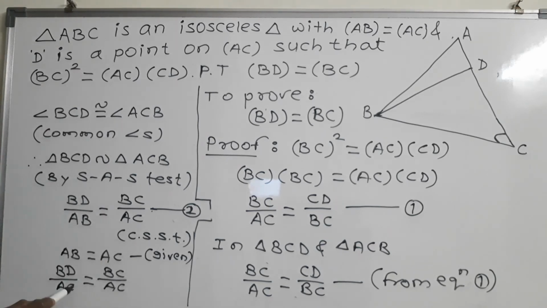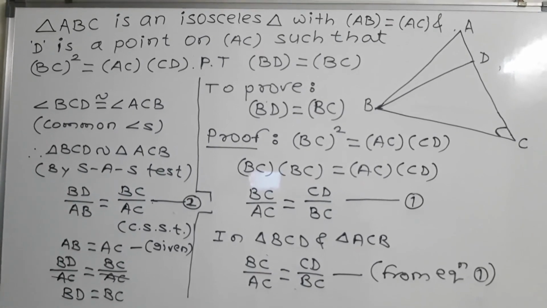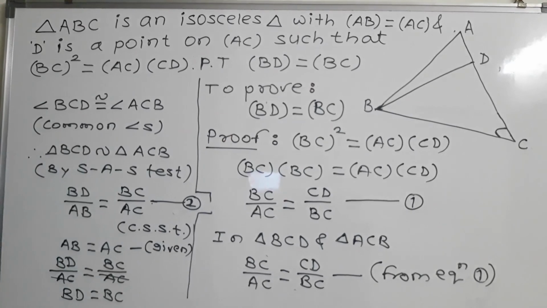Now the denominators are the same, AC, AC, therefore AC, AC cancel. Therefore our proof, that is BD is equal to BC.